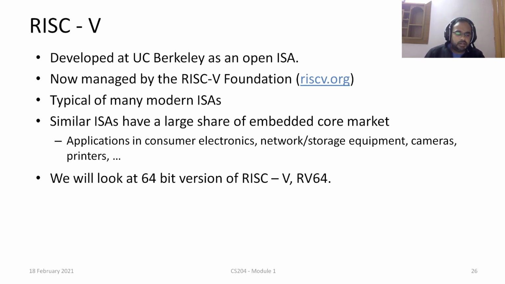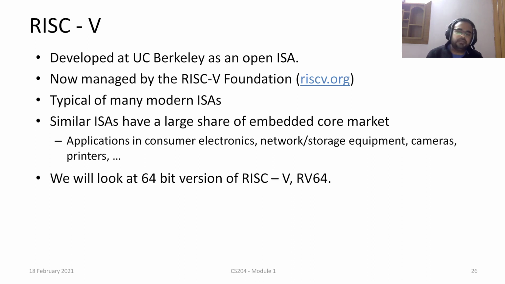We will in the theory look at the 64-bit version of RISC-V. I'm going to tell what 64 means in a while, and in the practice, that is in the lab, you're going to work with the 32-bit version of RISC-V.